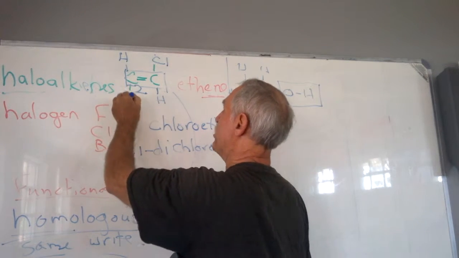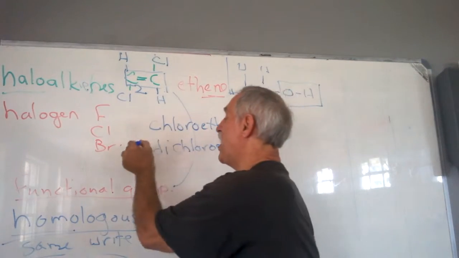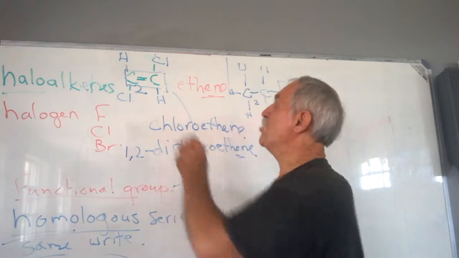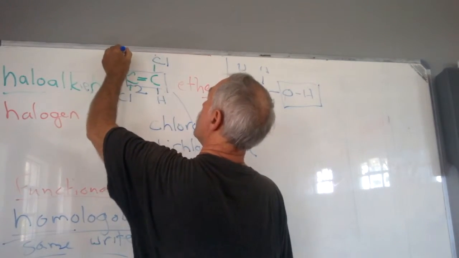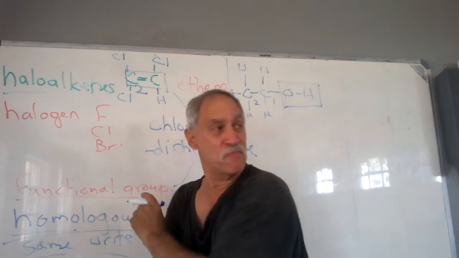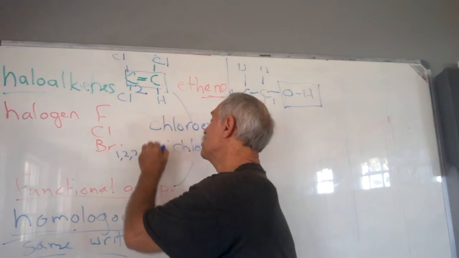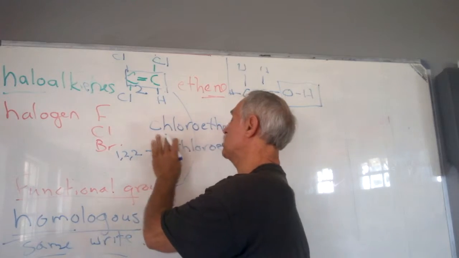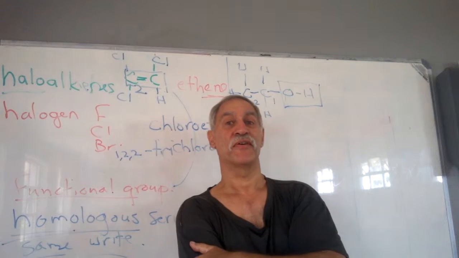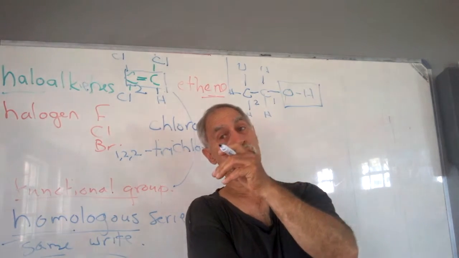It would become 1,2-dichloroethene. And what if I put another chlorine there? It would become 1,2,2-trichloroethene, no space. And if it's 4, tetrachloroethene, or 1,1,2,2-tetrachloroethene.